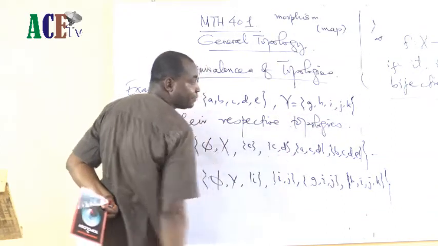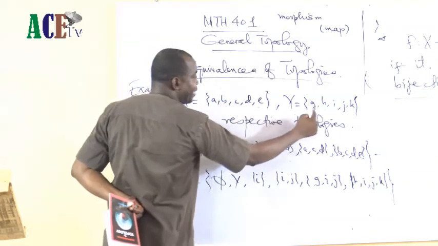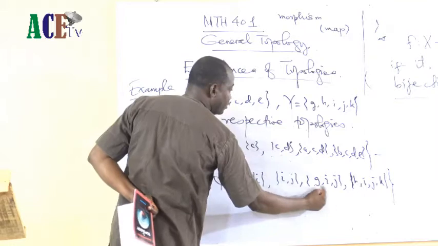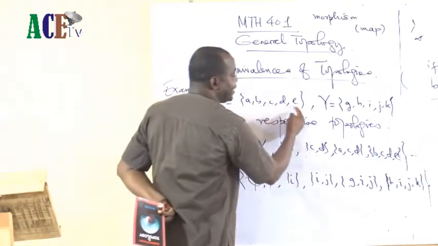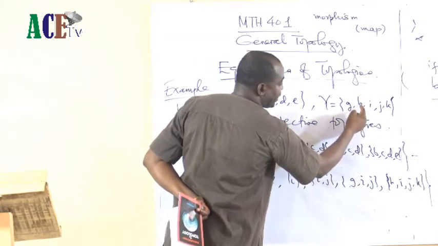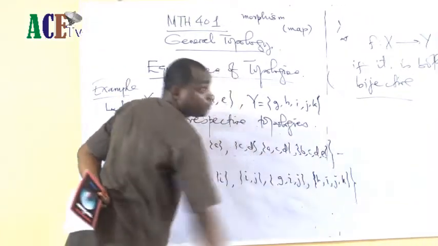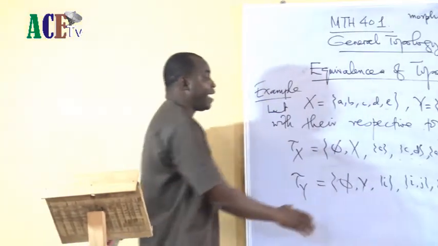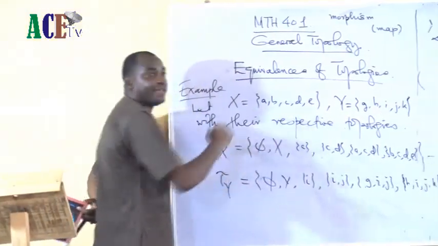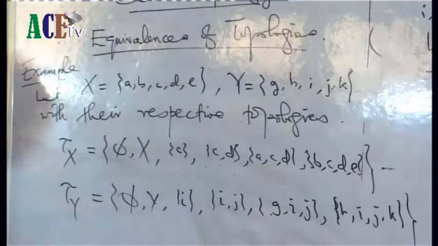You have ACD, you have GIJ. Then you have BCDE, and the last one here is HIJK. So there is a one-to-one correspondence between everything you have in both sets. Therefore, there exists a homeomorphism between the two.